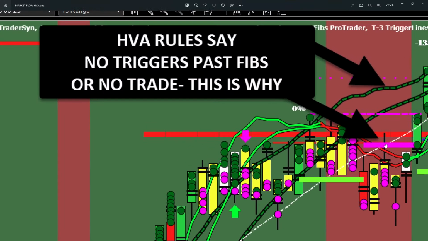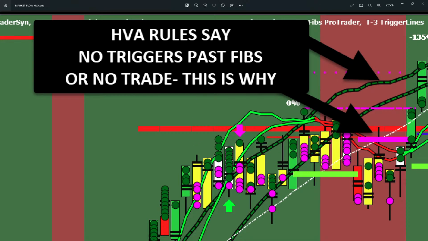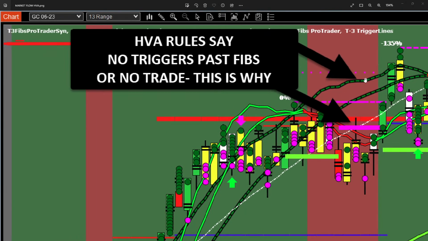And again, when you talk about rules, I like visuals. The rules say no triggers are past the fibs. So you see how these large triggers are still going up and they're beyond the fibs? Like 8 out of 10 times, the market's going to go up higher.